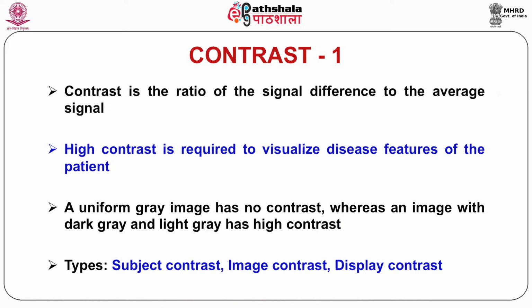In medical imaging, it is desirable to achieve a high contrast to visualize disease features of the patient imaged. A uniform gray image has no contrast, whereas an image with dark gray and light gray has high contrast. There are three types of contrast, namely subject contrast, image contrast and display contrast.